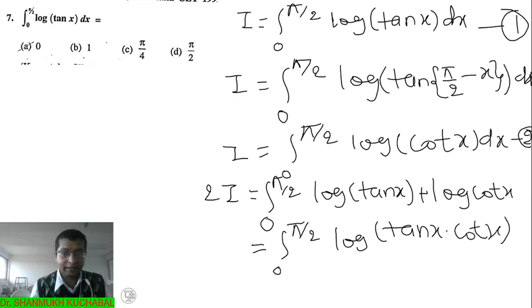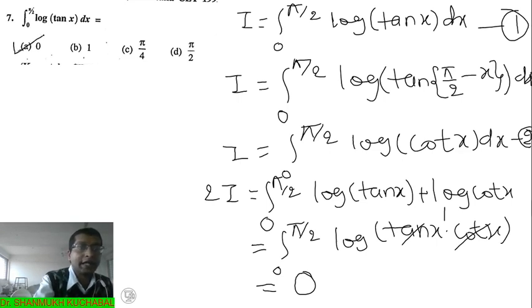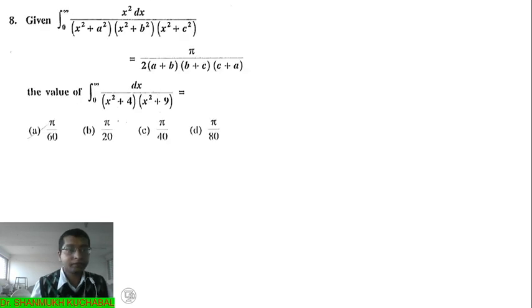These are reciprocals of one another, they cancel, we get 1. Log 1 value is 0, therefore whatever integration comes is multiplied by 0, so we get the answer as 0. So 2I equal to 0, so I equal to 0. Therefore, option A, 0 is the right answer.